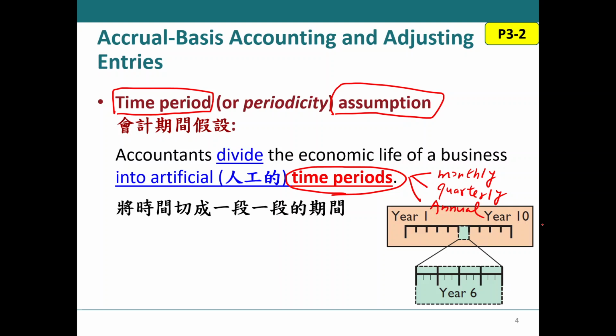In order to know if it's a good apple or a bad apple. Okay? So that's the time period assumption. So then why do we do that?